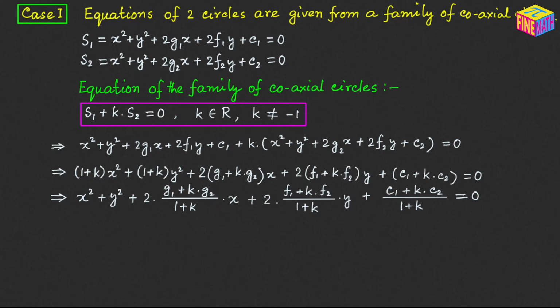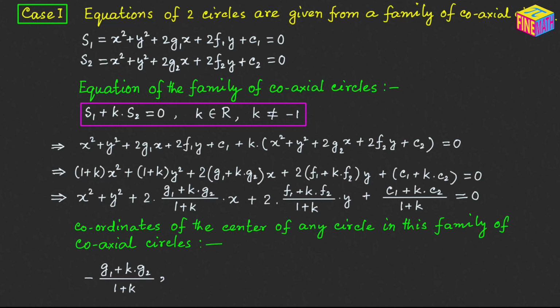Now if this is the general equation of the family of coaxial circles, then the center of any circle belonging to this family can be written like this. The x coordinate of the center would be like this, and the y coordinate of the center will be like this. So when the equations of 2 circles are provided, we can come up with the coordinates of the center of any circle belonging to this family of coaxial circles.